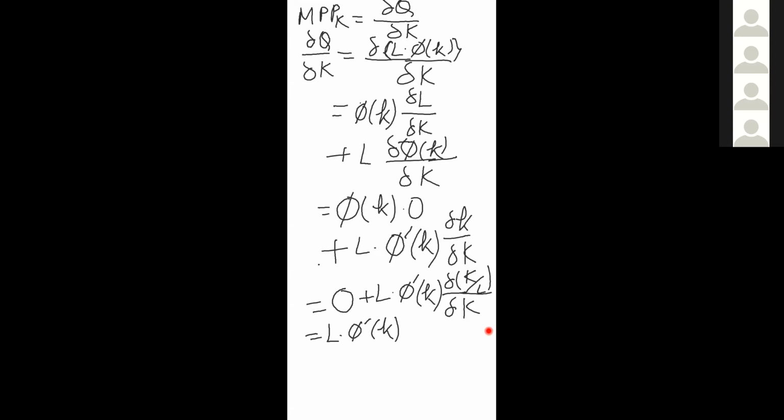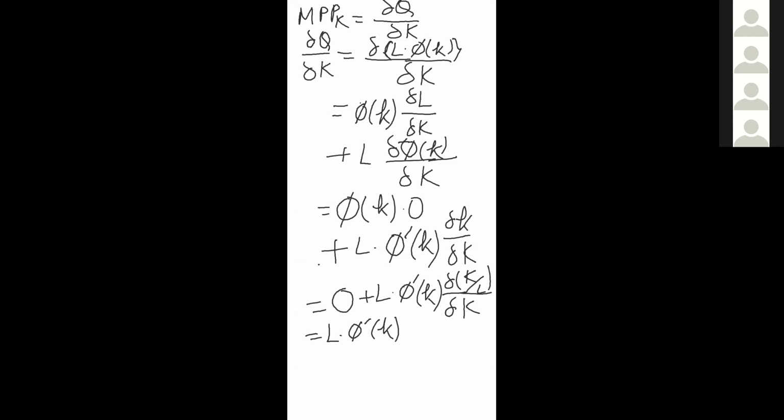What is the differentiation value of K by L with respect to K? Can you tell me? Can you tell me what is the differentiation value of K by L with respect to K?